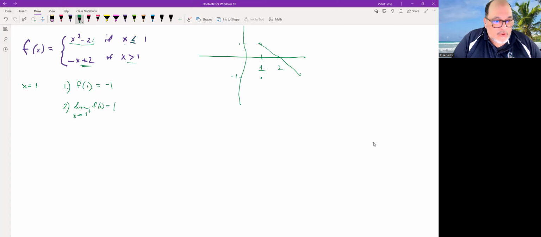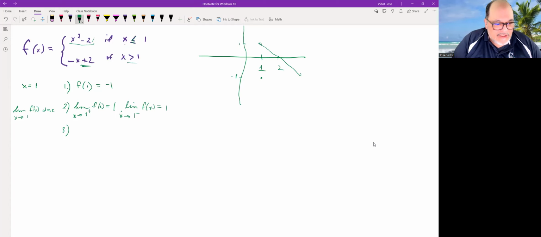You notice that when you plug in a 1 in here, you're at -1. So the limit of f of x equals -1 as x approaches from the left. So therefore, step 2 fails already, and therefore this limit does not exist. So the limit as x approaches 1 of f of x does not exist, DNE, right?